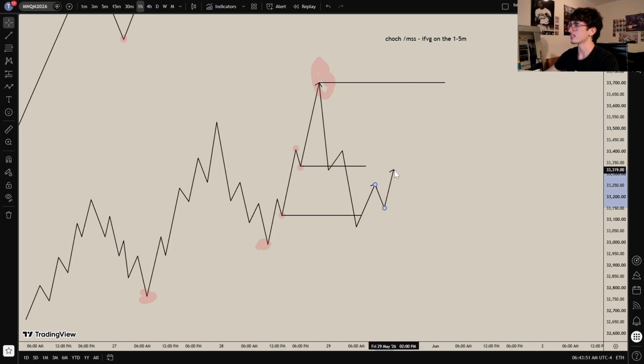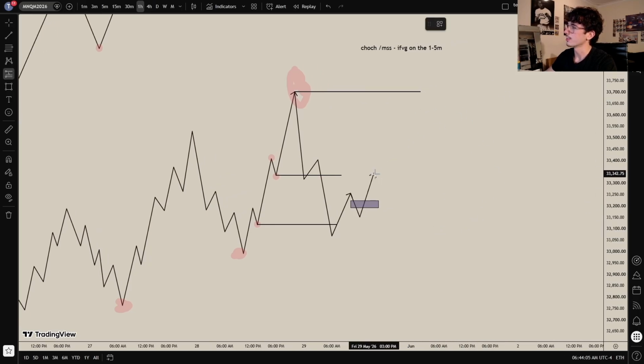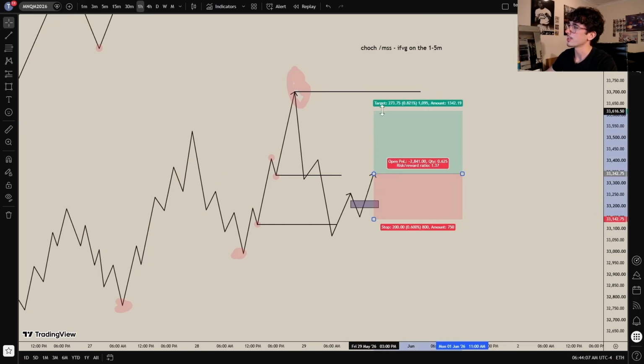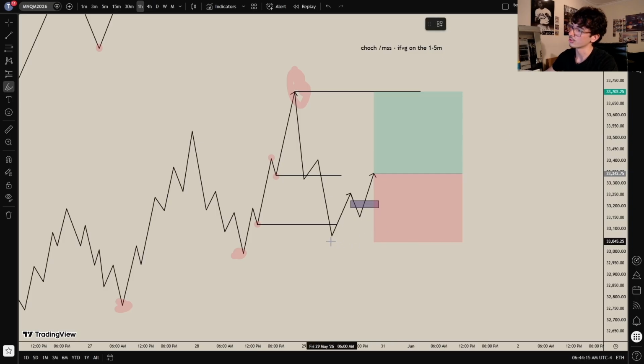And once it has this switch here, I also want to see a fair value gap being formed here and then inversed. And when all of this occurs together, that has given me enough confirmation for me to take my entry, targeting external liquidity with my stop loss below internal liquidity or below our new external liquidity that has been formed.